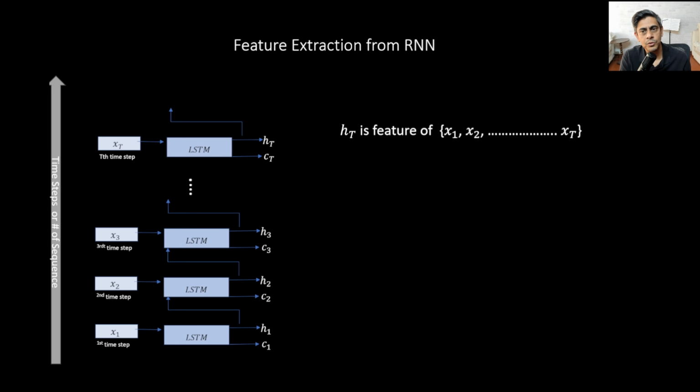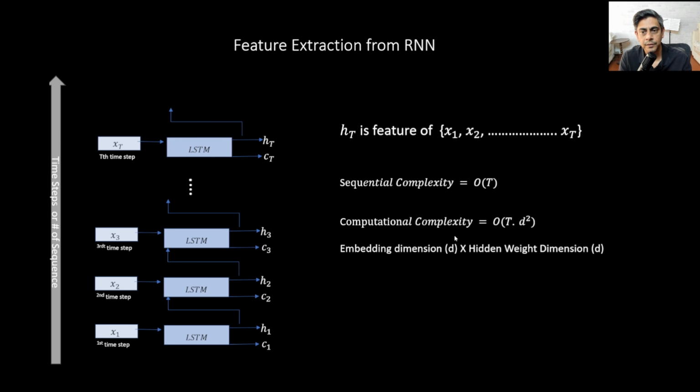What about those complexities in RNN? In RNN, the sequential operation is proportional to the number of time steps. Very simple, right? Similarly, the path length will also be the same. But the computational complexity is also d square, because there will be two matrices in this case as well: the embedding dimension, and the hidden weight dimension d.